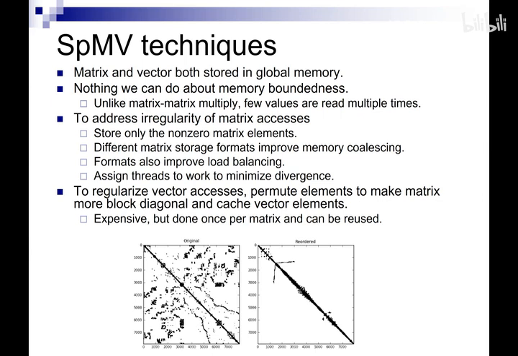However, you have to somehow find this relabeling, and this is usually an expensive process. There are many different algorithms for doing this, but they're all pretty expensive. However, you don't have to do this over and over. You can just do this once per matrix. Once you know how to go from the left to the right, you just transform the matrix, and you're always going to work with the matrix on the right. So you pay that cost once, and it could be worth it.